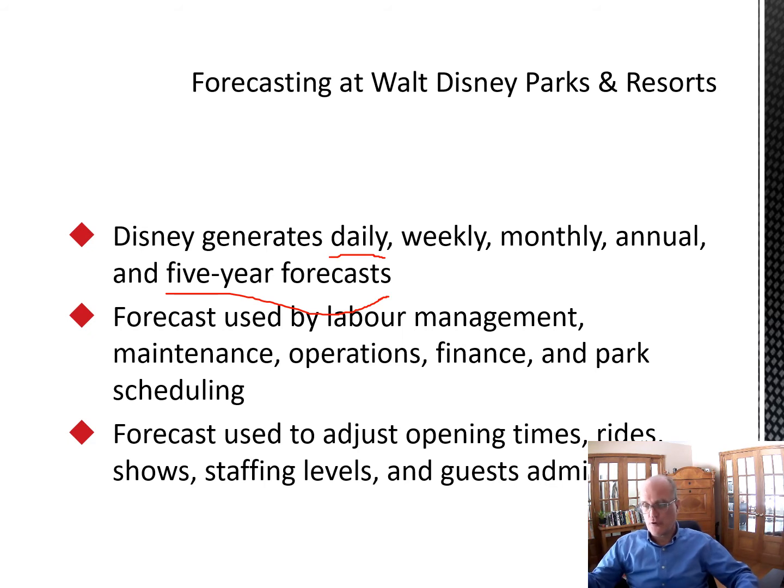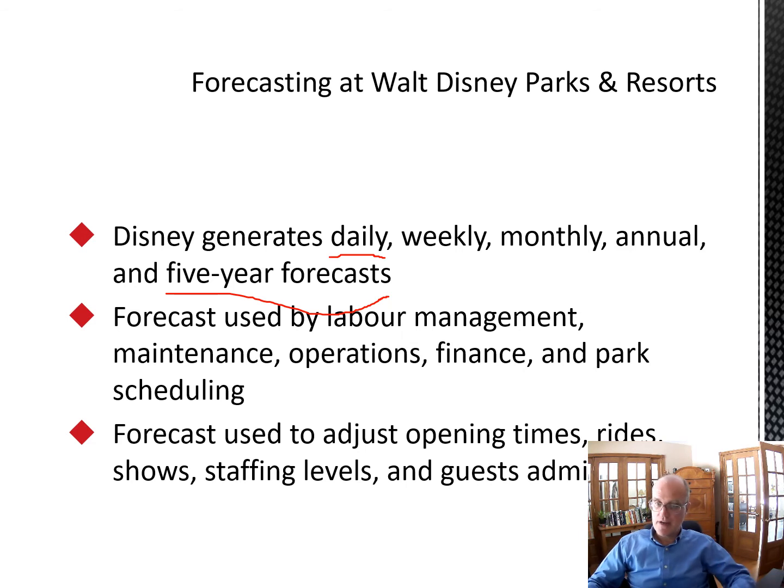But in a 5-year forecast, we'll do things like how many people overall do we see coming? Do we need to do things to expand or think about investment so that we keep people coming to the park? So the longer term forecasts are higher level. The shorter term forecasts are more granular operational decisions.